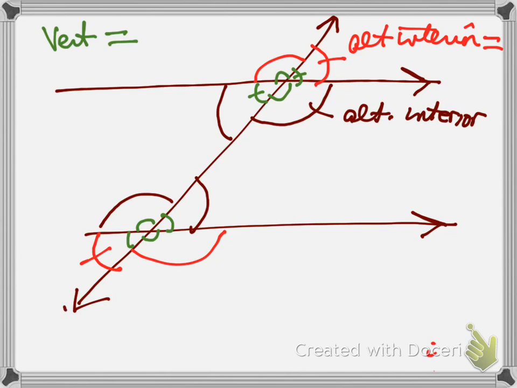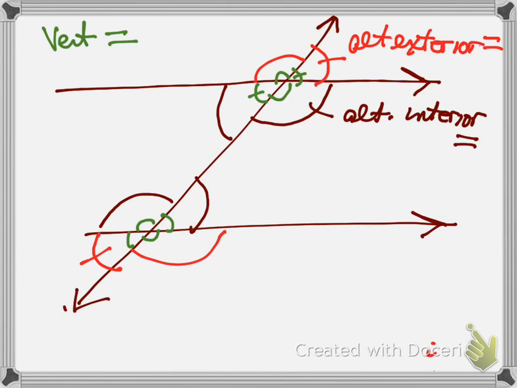And where's that brown that we had? And alternate interior angles. I'm going to make a correction here. These are alternate exterior. I think I said exterior, and then for some unknown reason, I wrote interior. So these are alternate exterior because they are outside the lines.